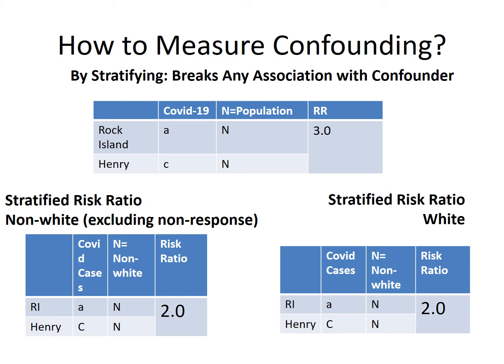So I've roughly categorized them into people who responded self-identifying as white and all the other ethnic groups which don't belong together in one group. But for the sake of simplicity and because Henry County is 95% white, there really wasn't an option to break it further down. So I just wanted to give that caveat because when it comes to bias and misclassification, we can talk about that concept at the end of the term.